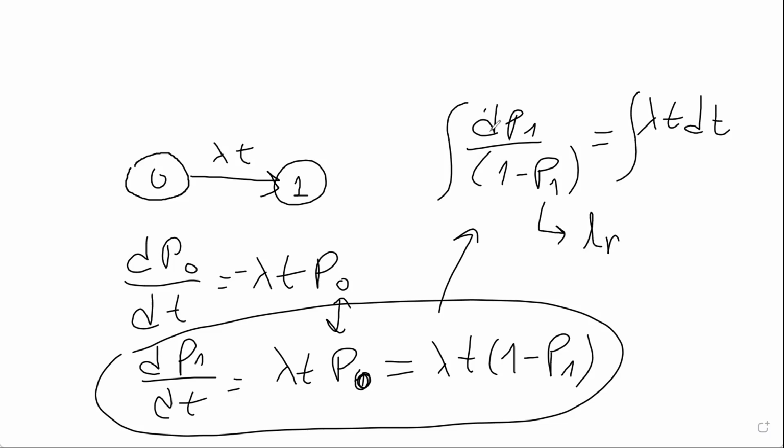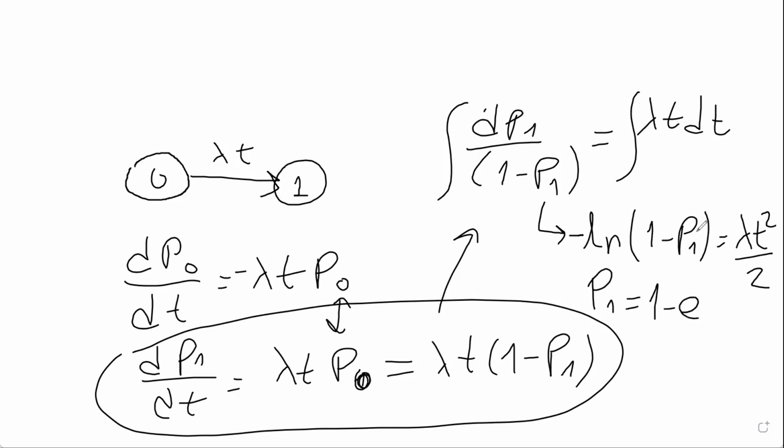It's going to be minus the natural logarithm of 1 minus p1 is equal to lambda t squared over 2. That is the integral of this. And I can solve for p1 as 1 minus e to the minus lambda t squared over 2.